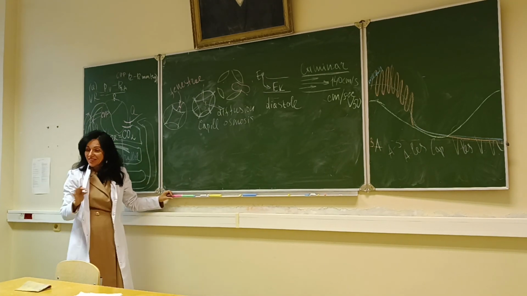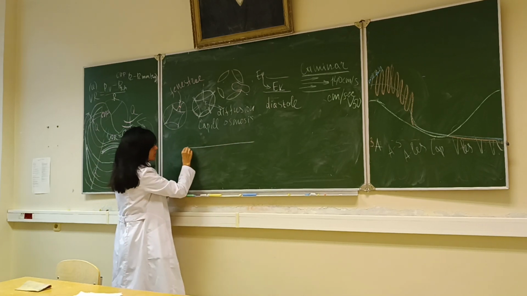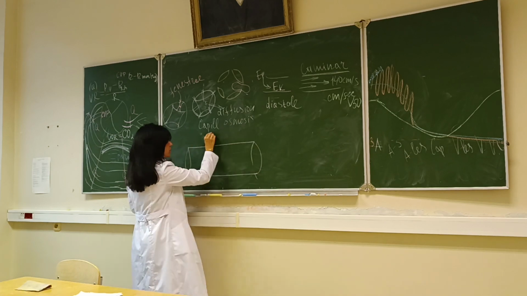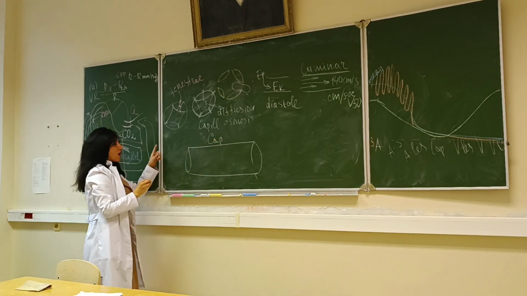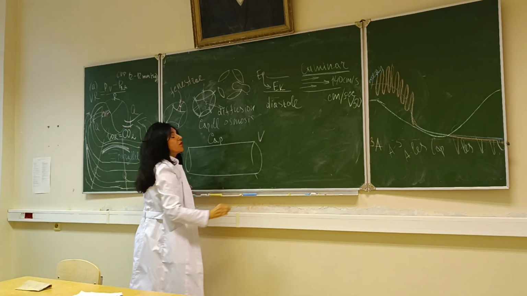It's not difficult science. Model of a capillary. This is a continuous capillary, with an arterial and a venous end.